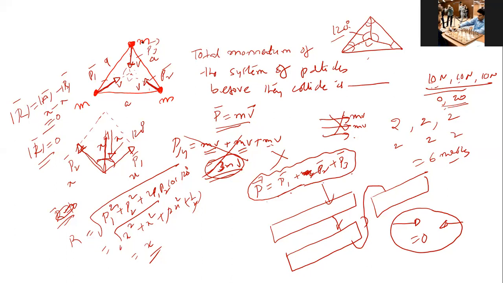It's not necessarily 3 MV, it can be anything. It won't be 3MV unless they're all in the same direction. Only in that case it will be 3MV. In any other case, it will be something else. And here they are arranged in such a way that the sum is 0.